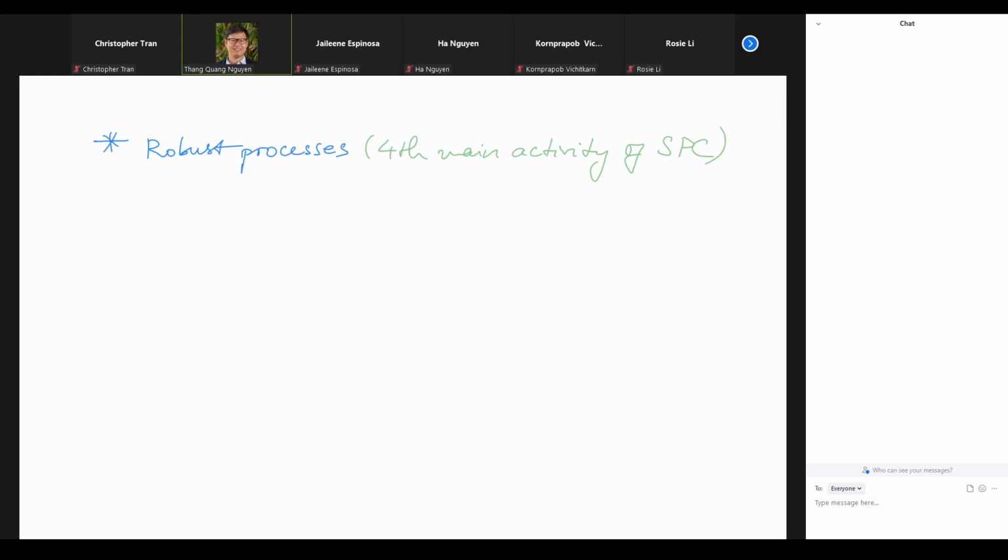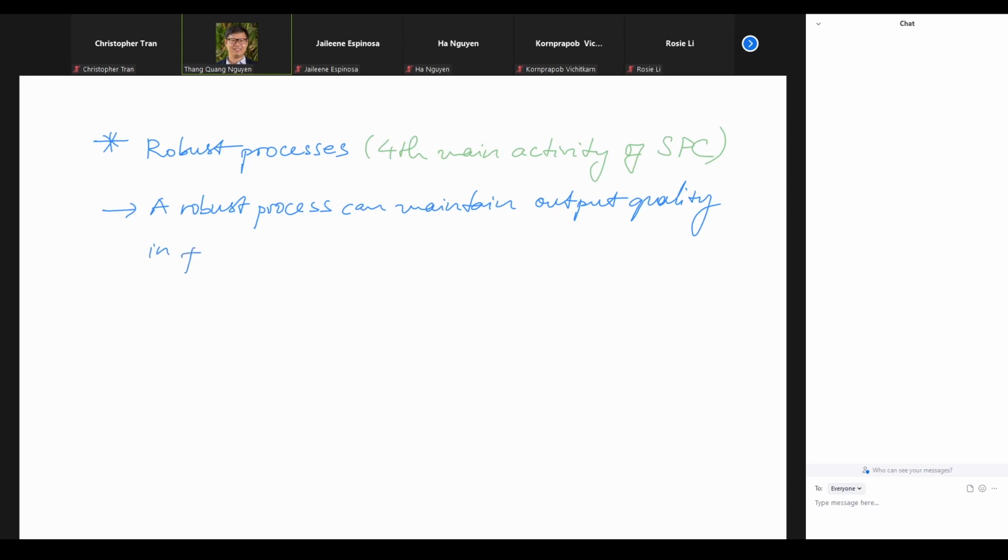So what is a robust process? A robust process can maintain output quality even if there are changes in the input and the environmental variables, right?